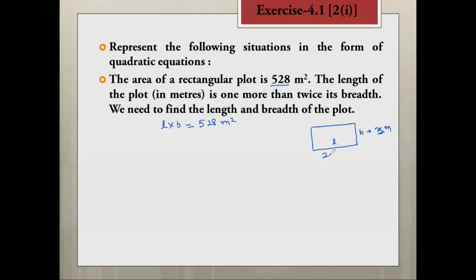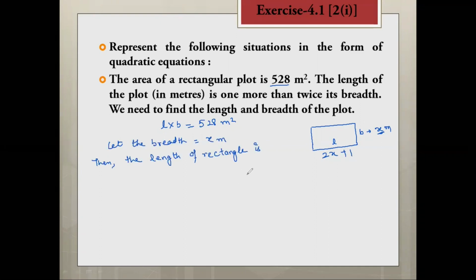That is twice of its breadth, 1 more than. Means plus 1. So what we can say, let the breadth be x meter. Then the length of rectangle is 2x plus 1 meter.